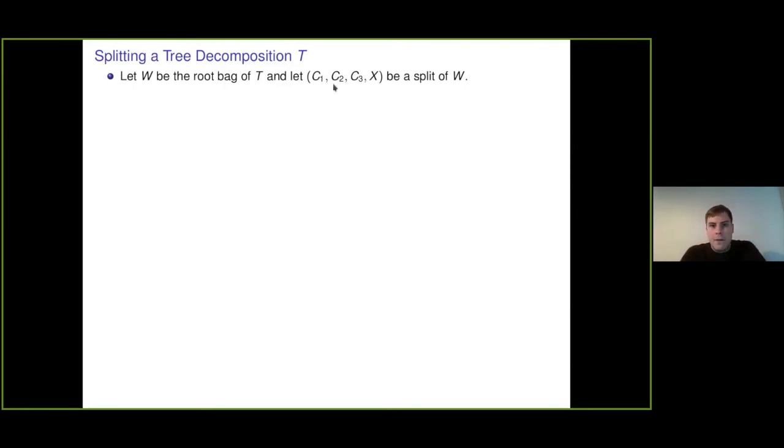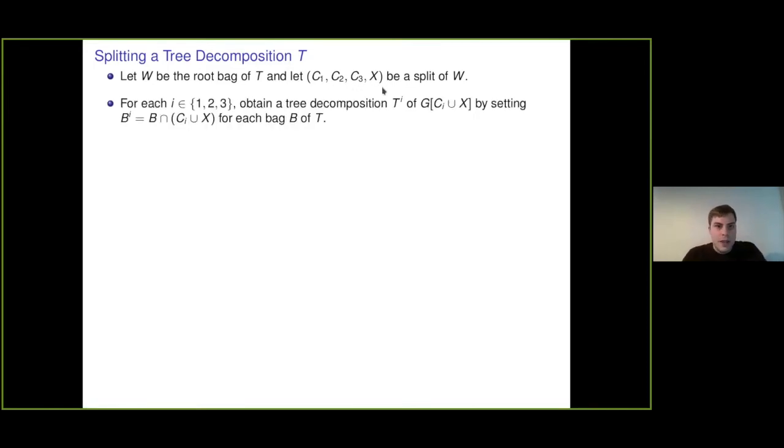And let's have some split of W. For each i in 1, 2, 3, we obtain a tree decomposition Ti of the induced subgraph consisting of the component Ci union X, by taking this tree decomposition T and, for each bag, taking just the intersection of the bag with this induced subgraph.